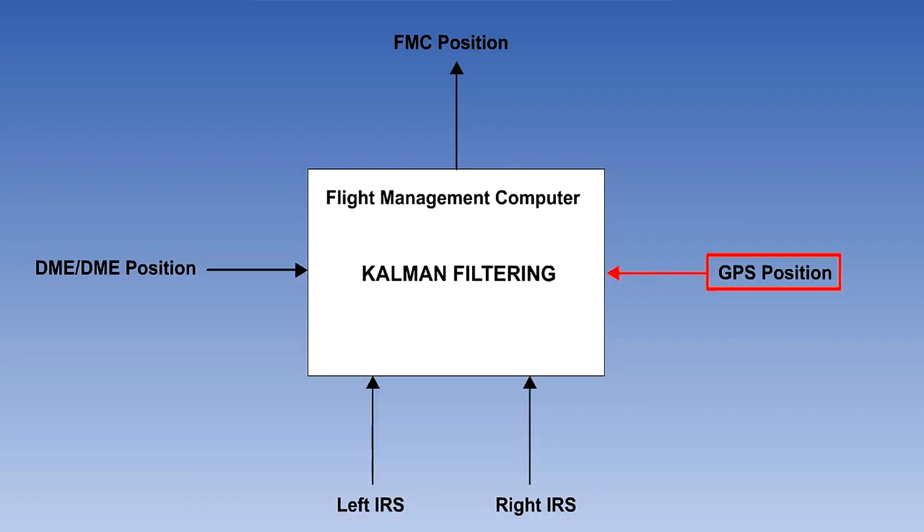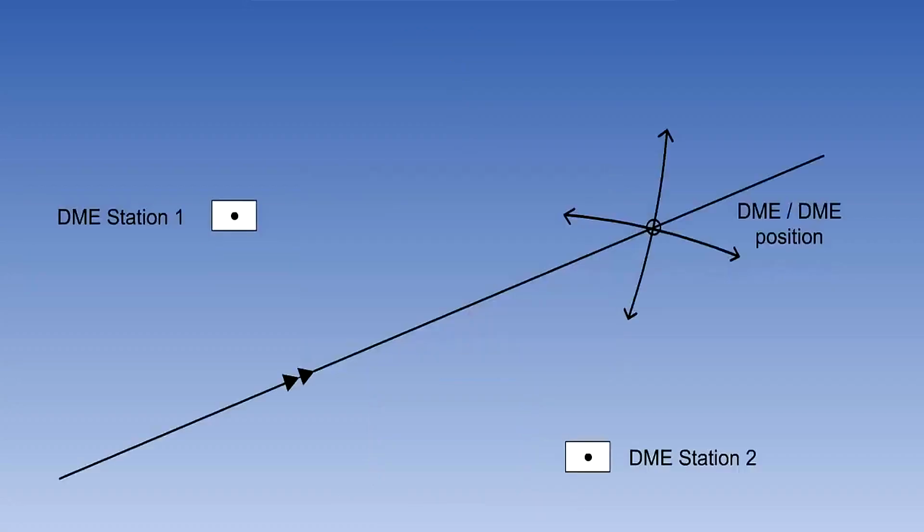These IRS positions are compared with independent sources, such as Global Positioning System, or GPS, and computer-generated calculation of crosscut positions, which have been obtained from ground-based radio beacons, called distance measuring equipment. The computer automatically selects those DME stations along the route which will give the best crosscut, and calculates an independent new position several times a minute. The crosscut positions are called DME positions.